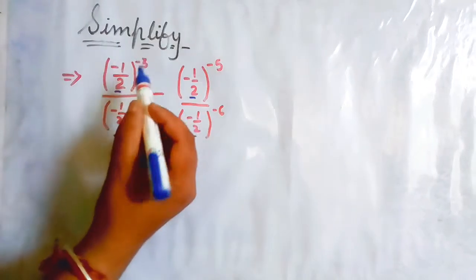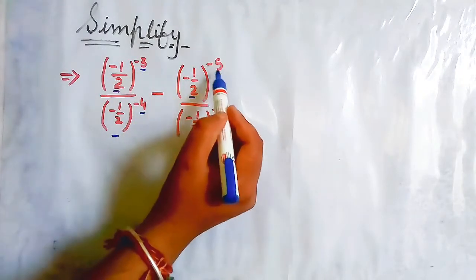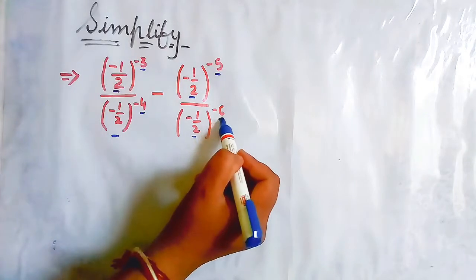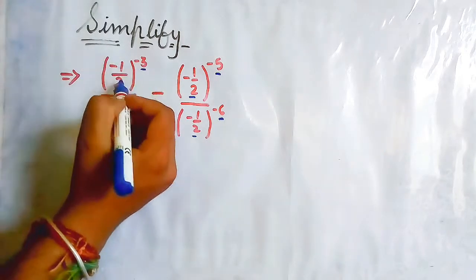See, all the bases are same, but all the powers are negative. So first of all, we have to take the reciprocal of each number to make these powers positive.